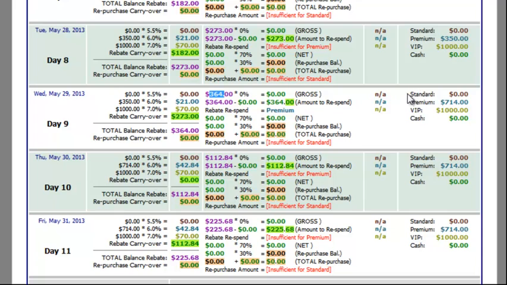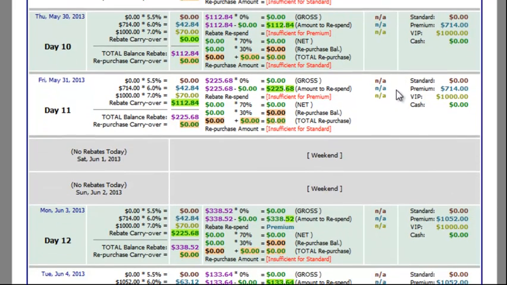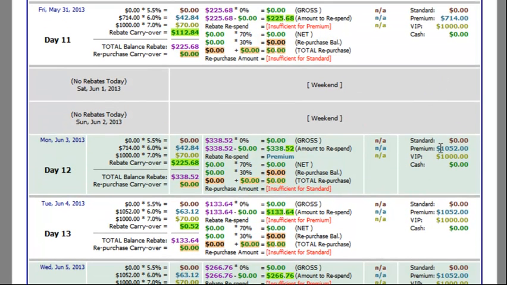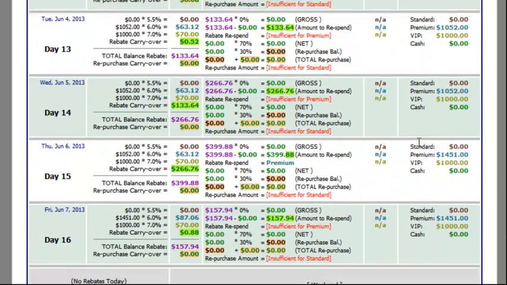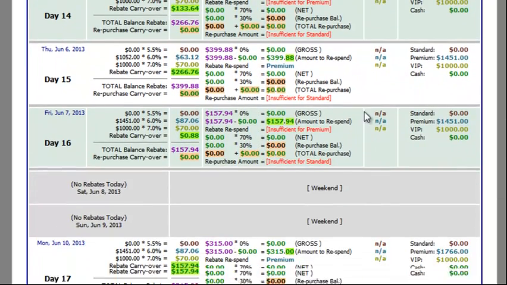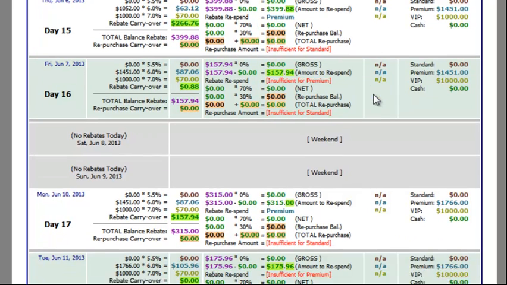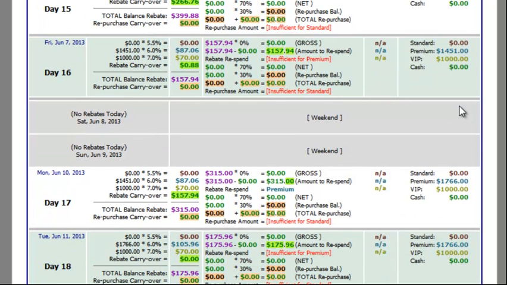But pretty soon, as we keep going, we see that we could do more repurchases a lot sooner because our account is growing. It's growing at a nice clip. So every time our rebate balance hits $300, we're going to repurchase at the premium level. And that's what that meant. At what level do you want to repurchase?